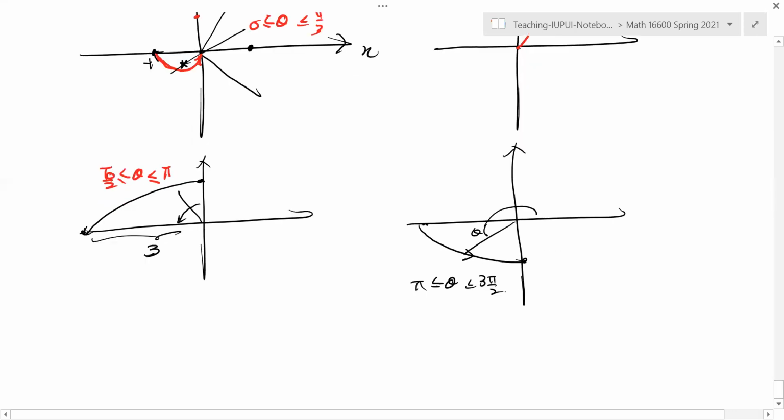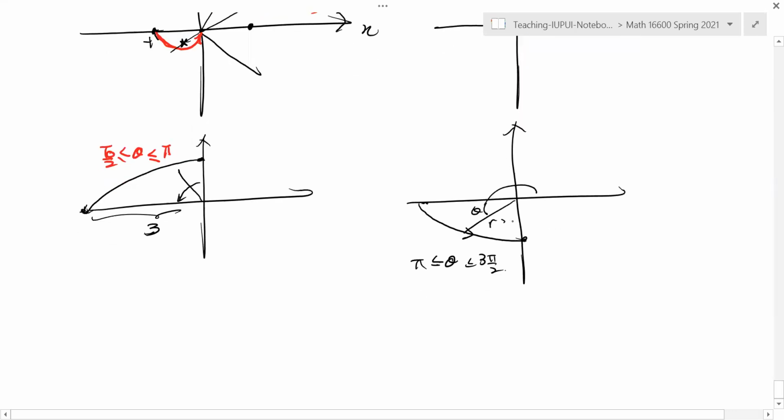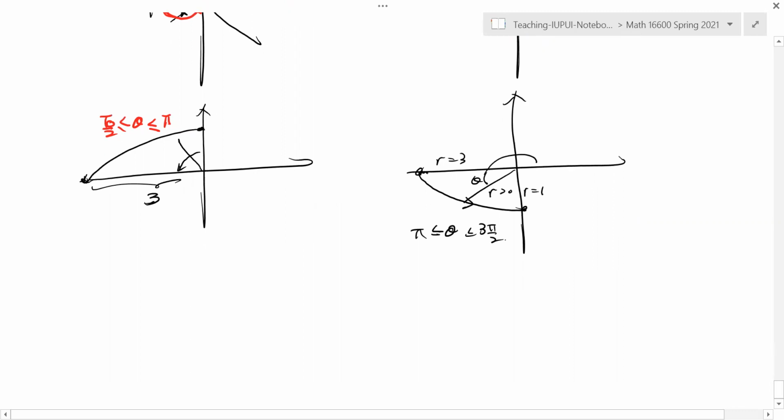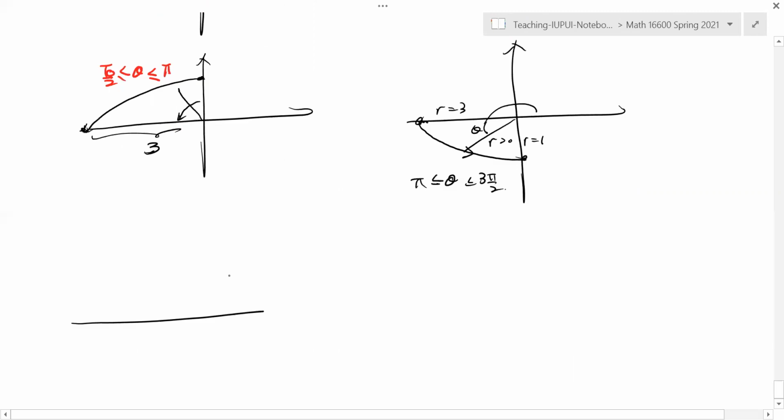So r is always positive. I start from here, r is going to be 3, and here r is going to be 1. Then r is going to be 1 minus 2 cosine theta, right? Then you have a problem here.